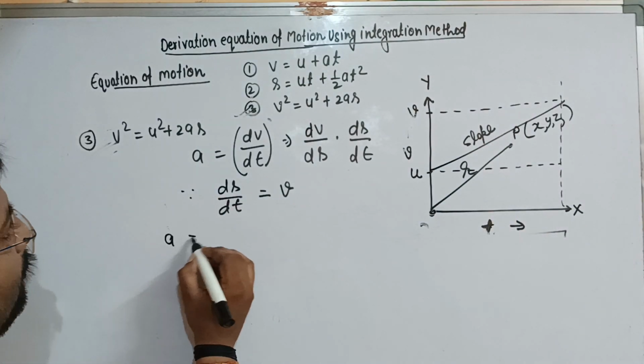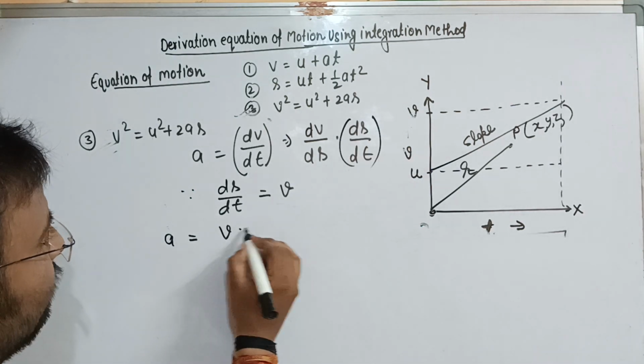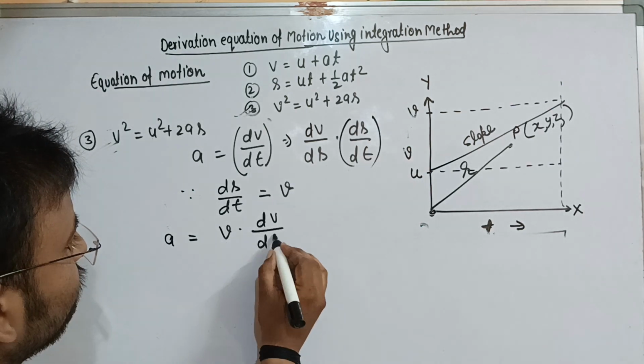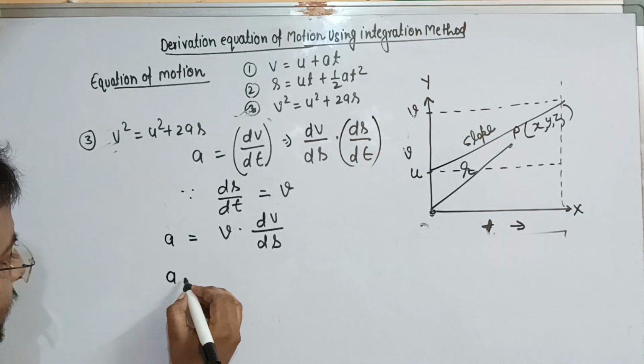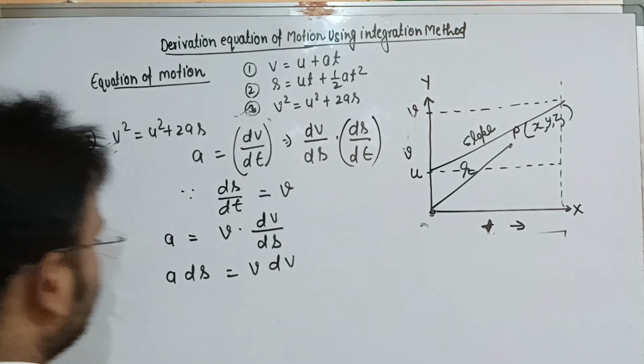Then a is equal to v into dv by ds, and multiplying, a ds is equal to v dv.